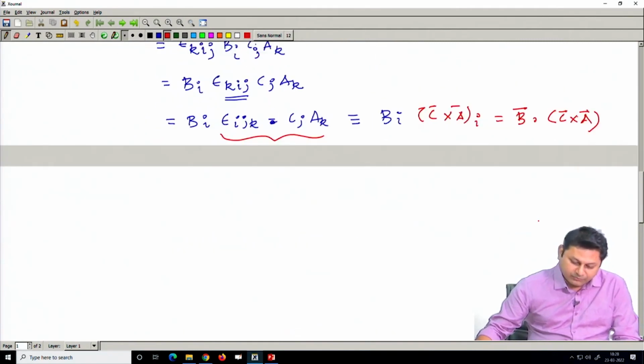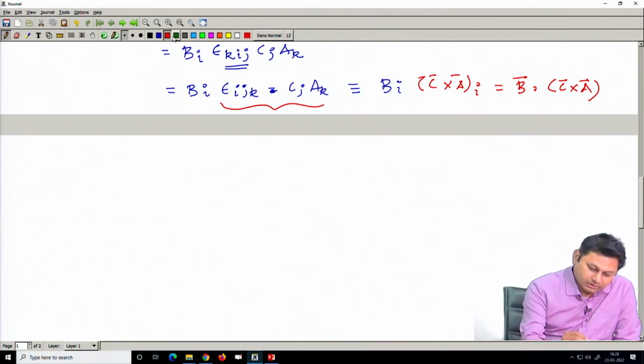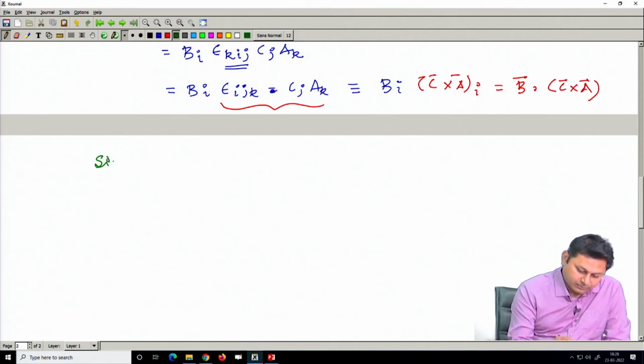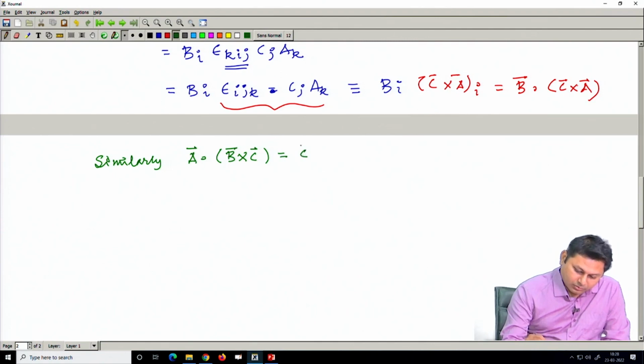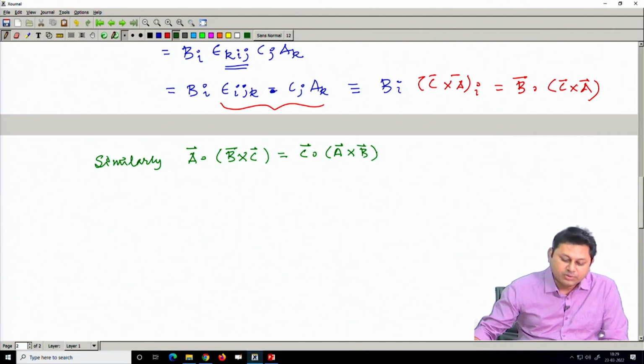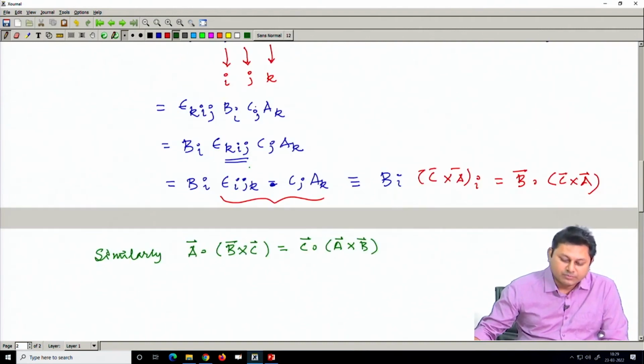Similarly, you can also prove that A dot B cross C is equal to C dot A cross B. So, I request the student to have a look and please try to prove this.